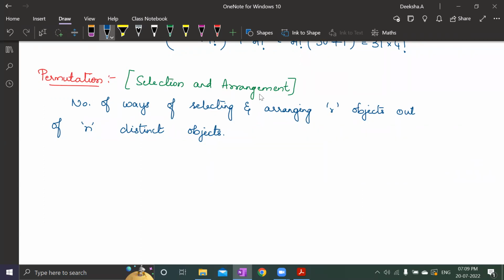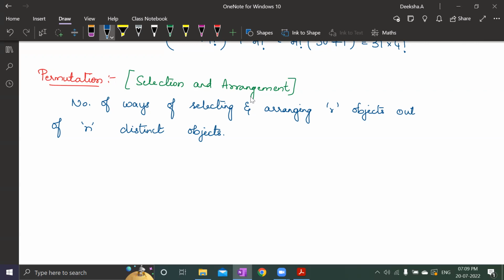Always remember, does it involve arrangement? Means, is the position important? If you interchange the position, does it change the meaning? Does it change its value? If yes, then it is permutation. If the order doesn't matter, if the arrangement doesn't matter, arranging in a different way is not giving you a different meaning or a different structure, then it comes under combination.